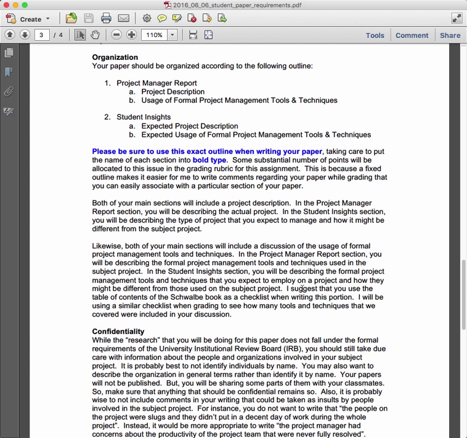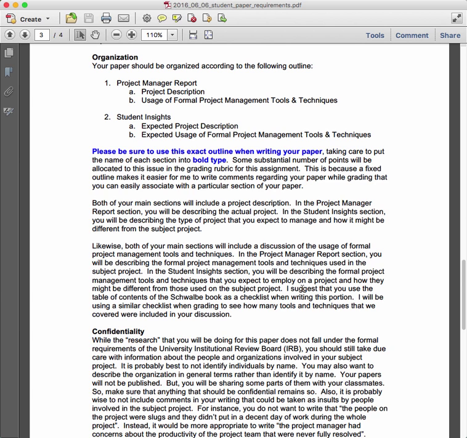The first one is going to be what you learned from the project manager who you interviewed. The second one is going to be your vision and insights for the next project that you're going to do.